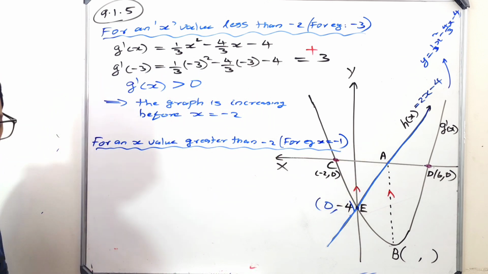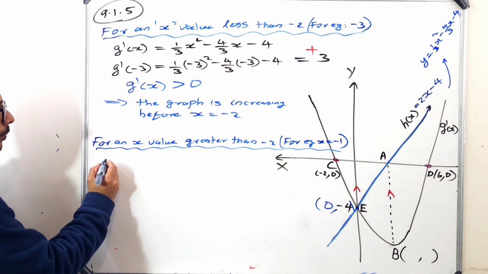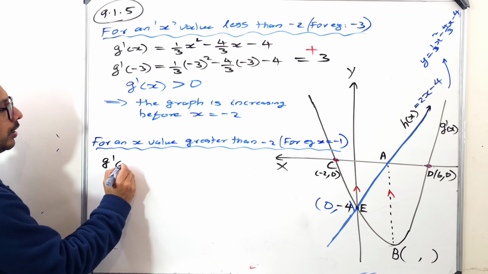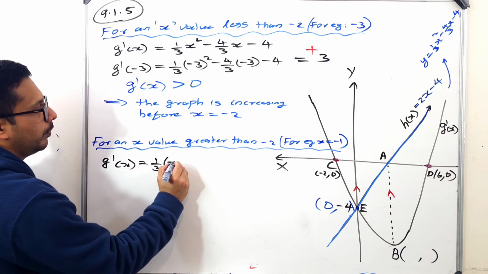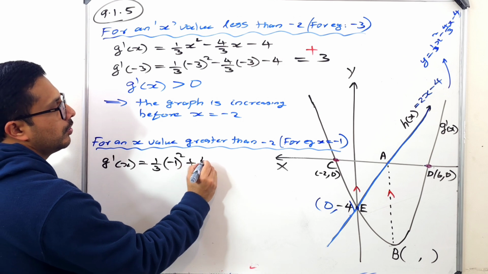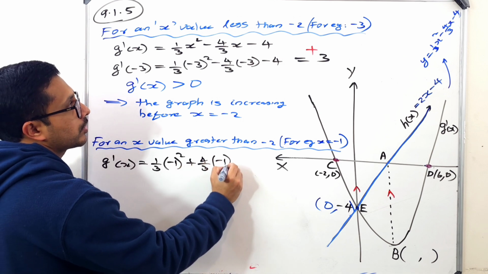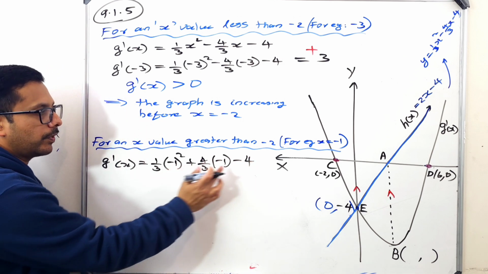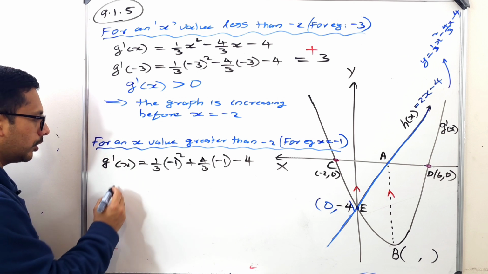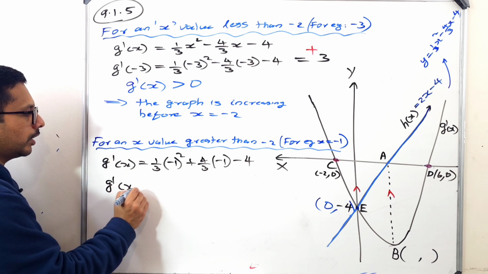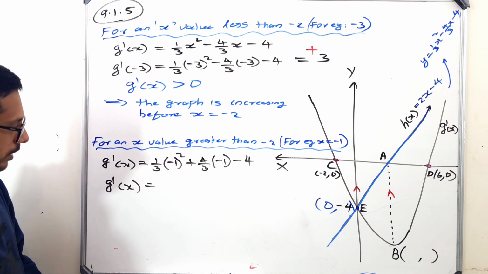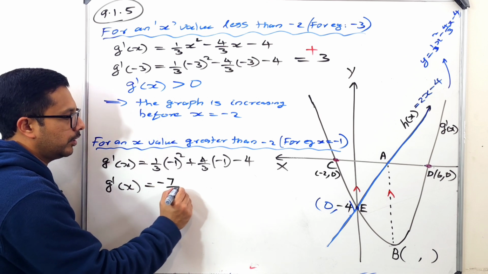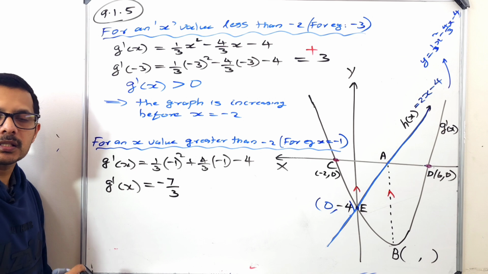Now what about g dash of x? Let me write g dash of x once more. G dash of x is equal to 1 over 3 into minus 1 square plus 4 over 3 into minus 1 minus 4. I substitute the x value as minus 1 in this example. So what is the answer you are getting in your calculator? It is minus 7 over 3.